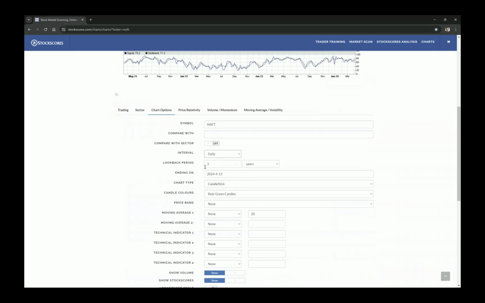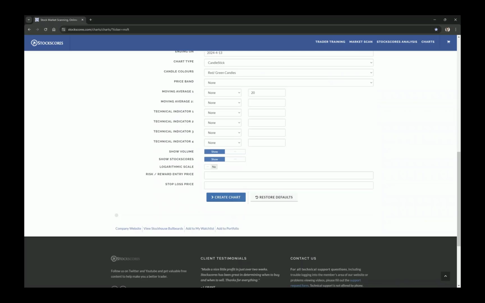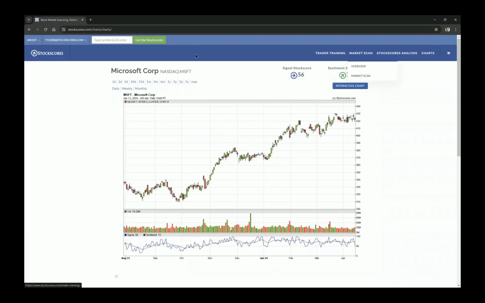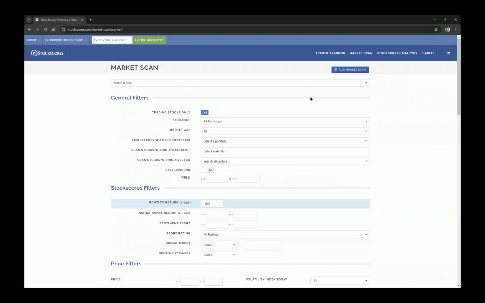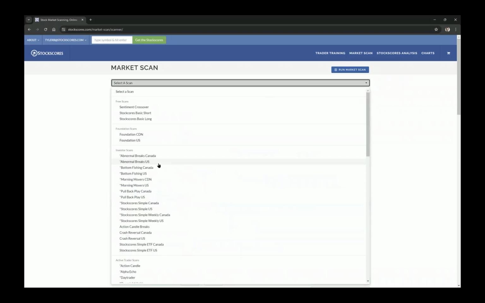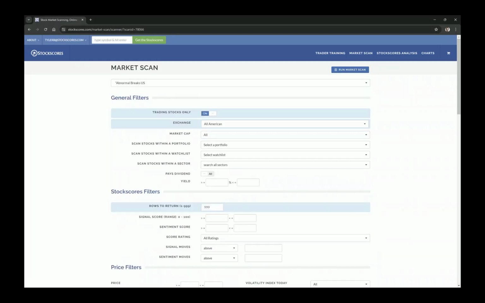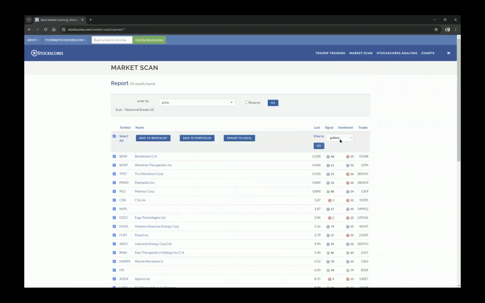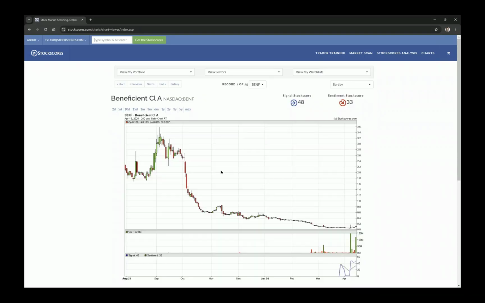So I'm going to change this back to daily, to 8 months, create chart. Let's run a market scan again, abnormal breaks US. Okay, so I'm going to go slideshow, go, and I don't like that one.